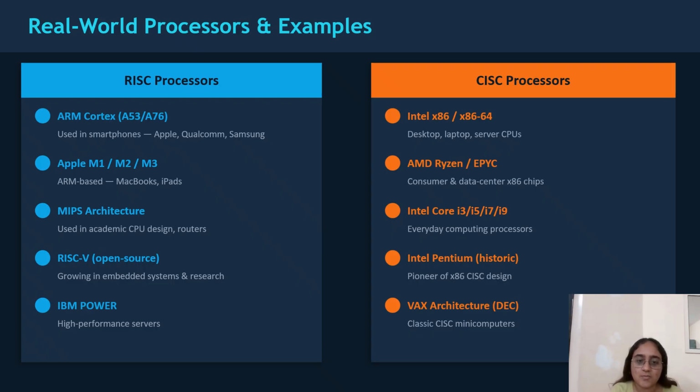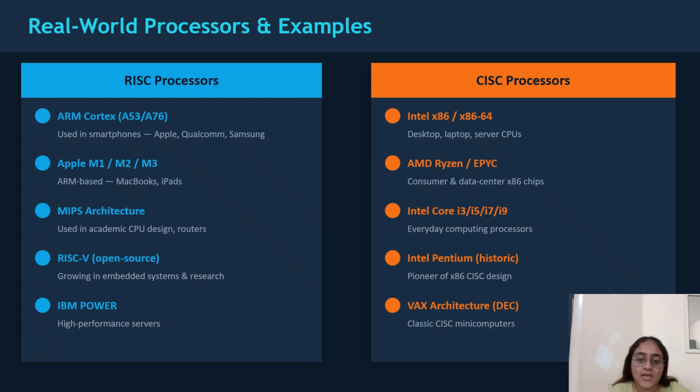MIPS architecture is widely used in academic courses and in network routers. RISC-V is an exciting open source RISC architecture growing fast in research and embedded systems. And IBM Power processors are used in high performance servers. CISC processors: the most dominant is Intel x86 and x86-64, used in almost every desktop and laptop computer.